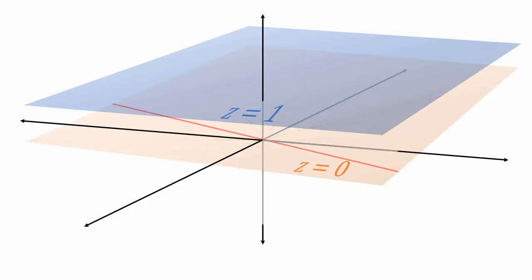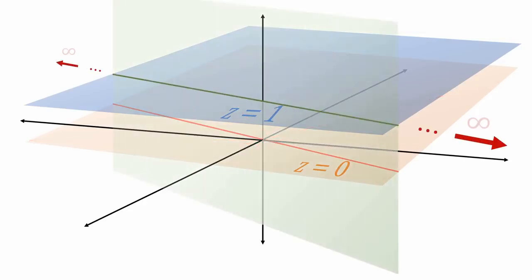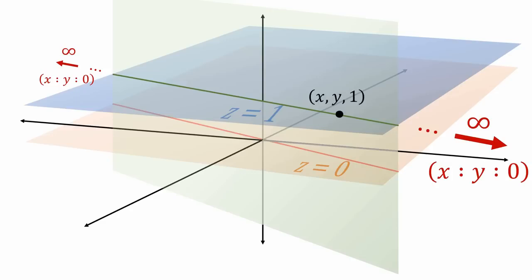However, if we look at a vertical slice of our situation, we can reduce it to a problem we've already seen before. Let each horizontal line correspond to a different point at infinity. These points at infinity will be of the form x:y:0, which can be thought of as the point at infinity in the direction of x,y.